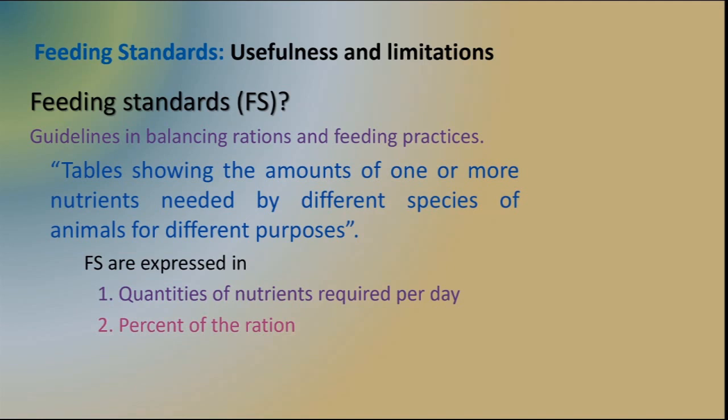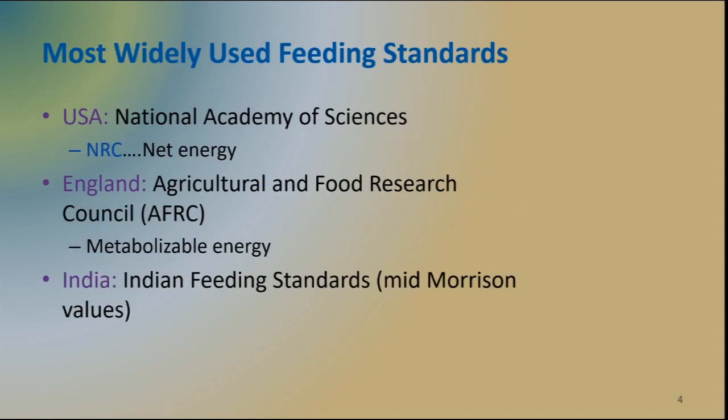We have to formulate a complete diet, and within that diet, the proportion or percentage of a particular nutrient should be specified. Like 16% crude protein in a ration, or a ration having 2 megacalorie of energy on per kg unit basis. So these are the two different ways of expressing the nutrient requirements.